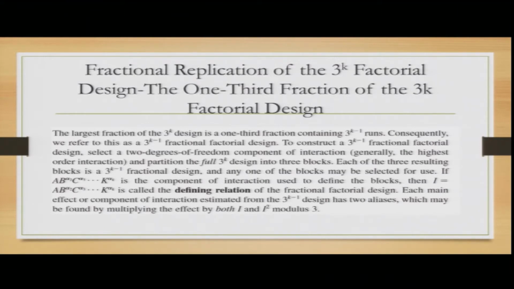To construct a 3 to the power k minus 1 fractional factorial design, select a 2 degrees of freedom component of interaction. Obviously, that would generally be the highest order interaction which you are planning, and partition the full 3^k design into 3 blocks. You should remember that in each block the number of observations should be the same. Each of these 3 resulting blocks is a 3 to the power k minus 1 fractional design, and any one block may be selected for use, and correspondingly the calculations can be done.